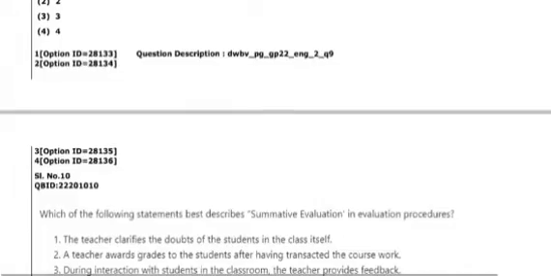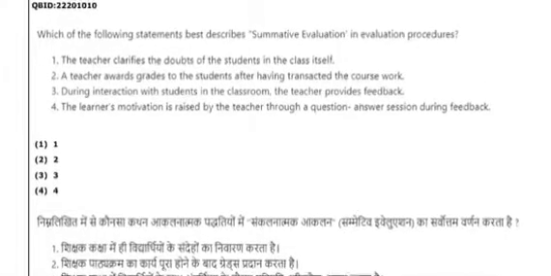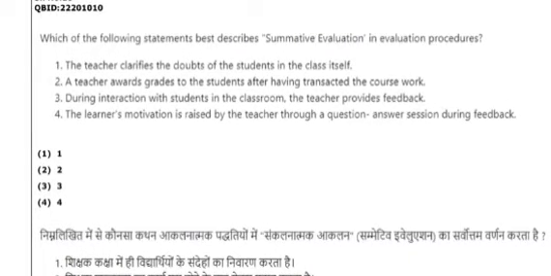Then number 10, which of the following statements best describes summative evaluation in evaluation procedure? The teacher clarifies the doubts of the students in the class itself. This is the first option that we have got. Second says a teacher awards grades to the students after having transacted the coursework.